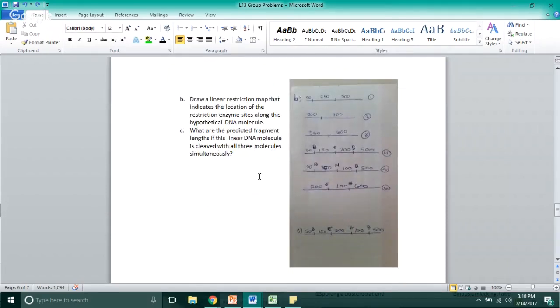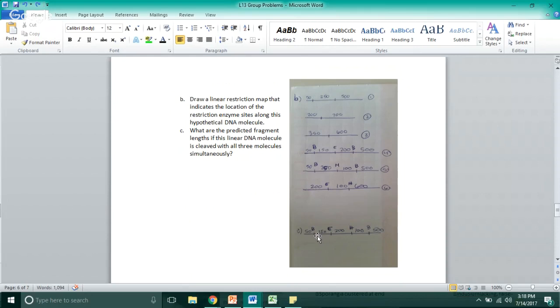And then for C, what are the predicted fragment lengths of this linear DNA molecule that's cleaved with 3 enzymes simultaneously? So the BamHI always cuts at 50. So they're always right here, 50, 50, so it'll cut there. Between BamHI and EcoRI, there's approximately 150 right here from the previous one.